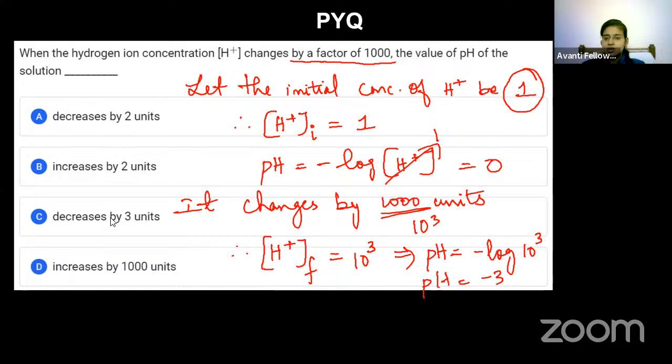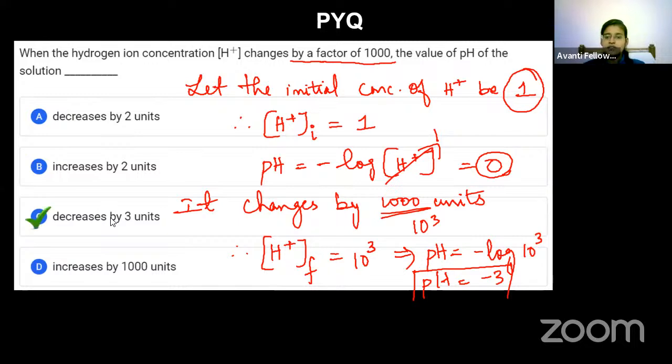Initially I have pH value as 0. After doing this conversion, when the concentration is changing by 10 to the power 3 units, the pH is coming out to be minus 3. So minus indicates the decreasing thing, and 3 means it decreases by 3 units. So option C is the correct answer.